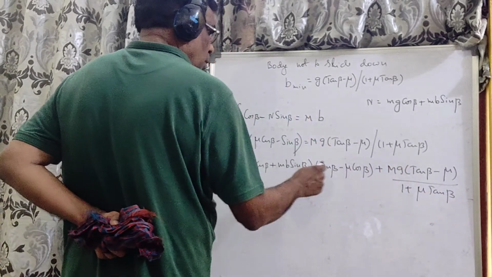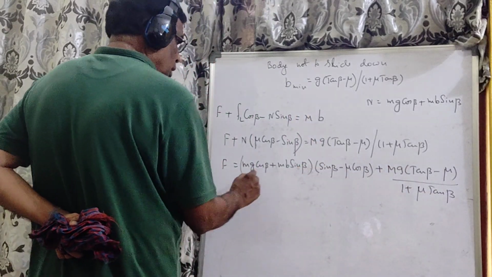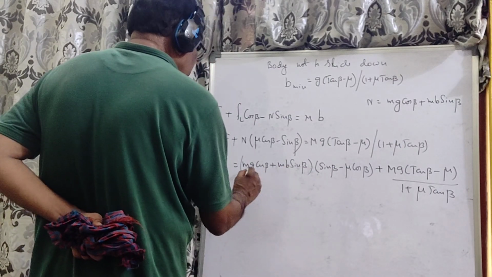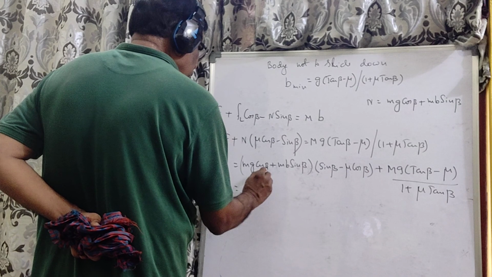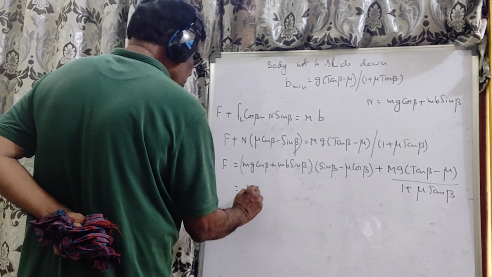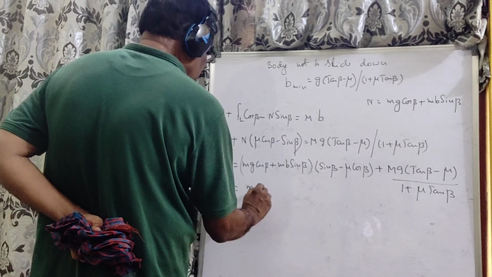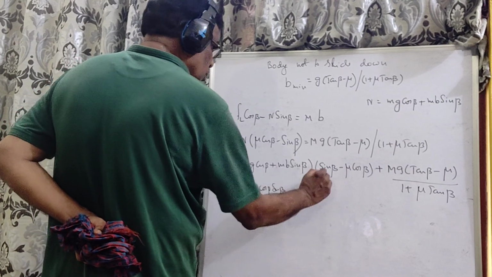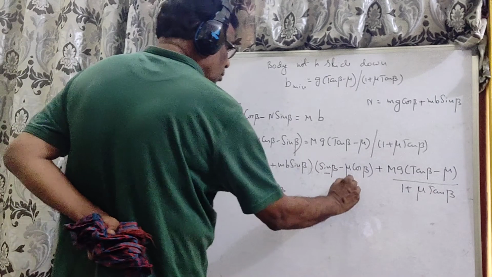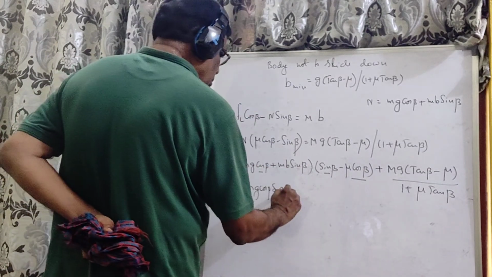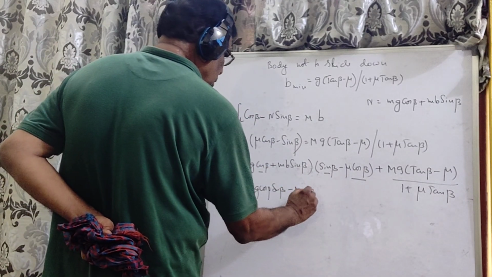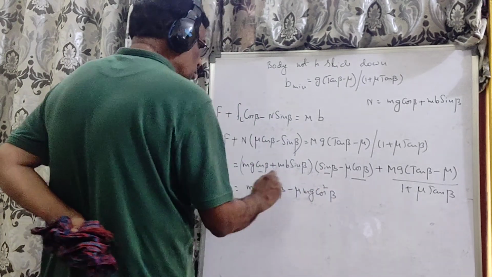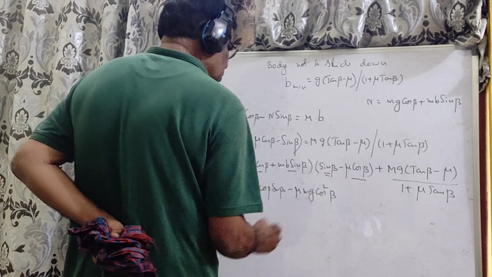This is B. So what I'll do is, first I'll separate the terms. Mg cos beta into sin beta. So one term is over. What is the other term? Minus mu mg cos square beta. These terms. Now look at these two.